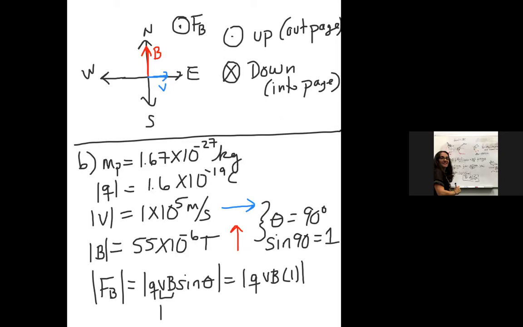Put the numbers in, and we get a magnetic force of 8.8 times 10 to the negative 19 newtons, and that's the magnitude, and we know that it's up. Not north, east, south, or west, but up towards the ceiling.